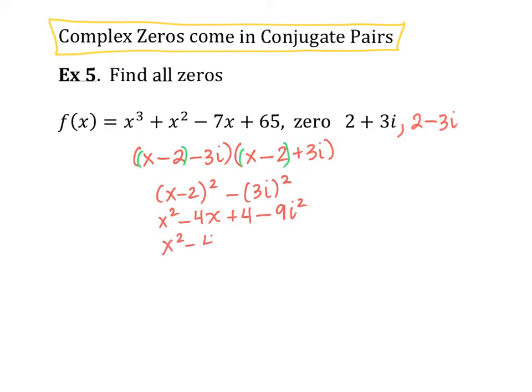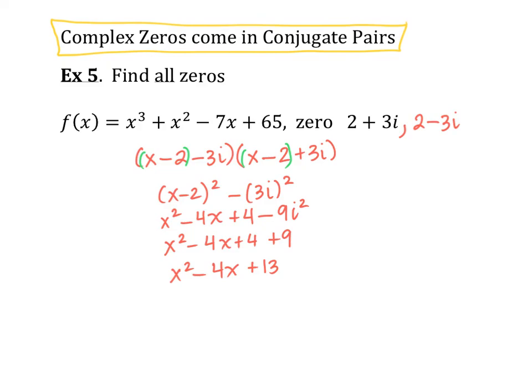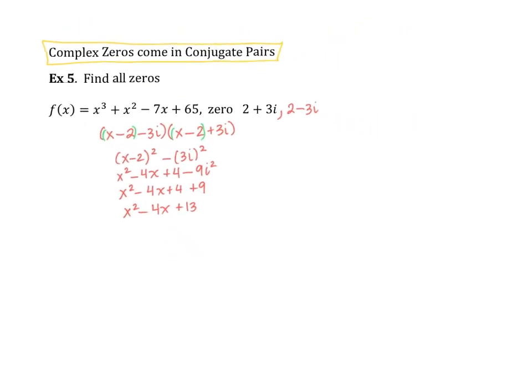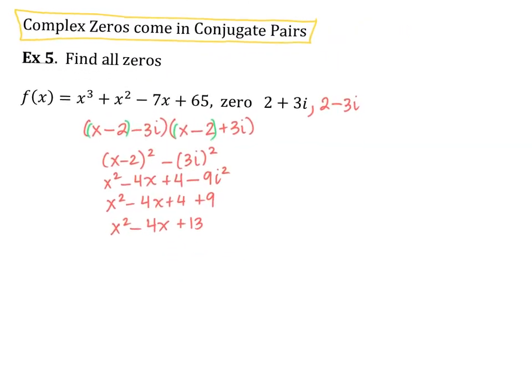So this is x squared minus 4x plus 4 plus 9, which is x squared minus 4x plus 13. And if I wanted to double check, I could always solve the equation and see if it works. Now that I have the polynomial that I know is going to be a 0, I'm going to use long division to get the remaining 0. Let's set up my long division problem.